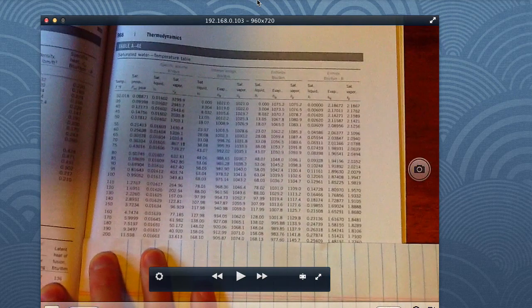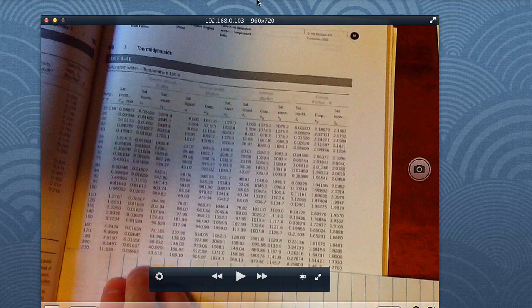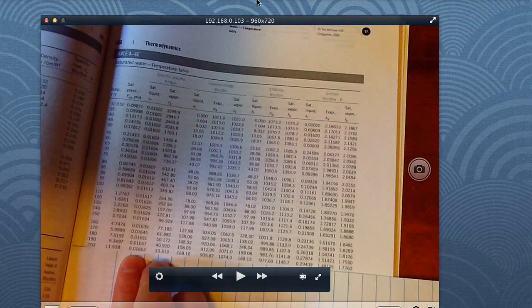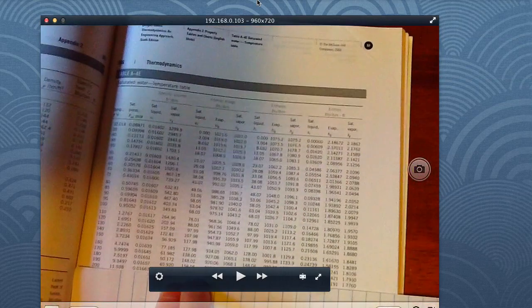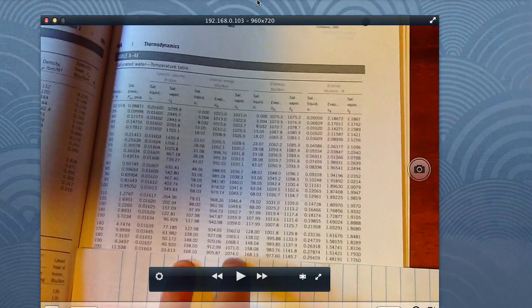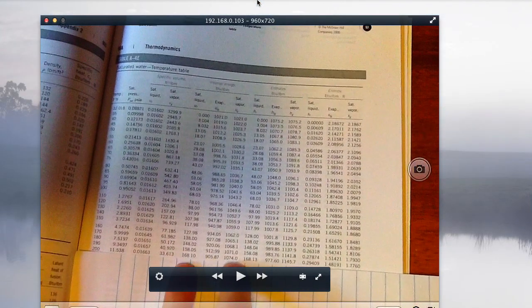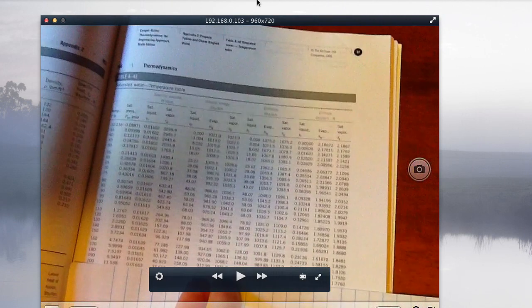Okay, so if you look up at the very top, these two columns are the saturated volume columns. These three columns are the internal energy columns, right? This one here is saturated liquid internal energy.